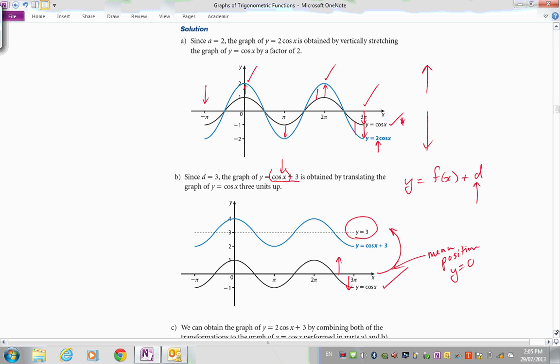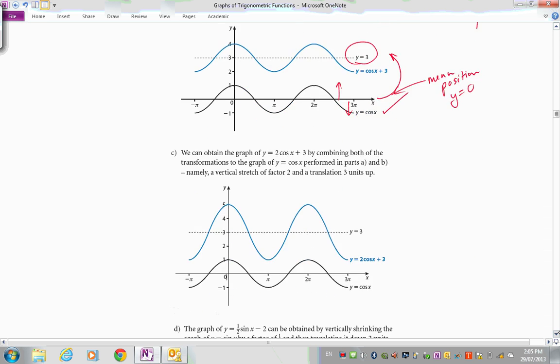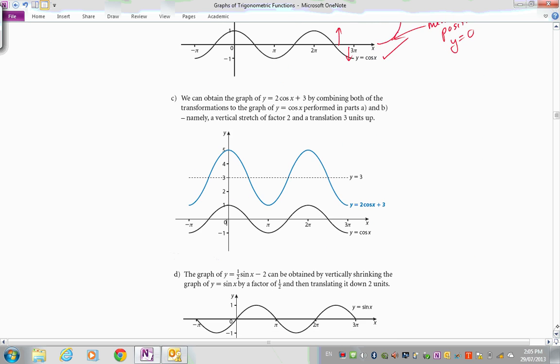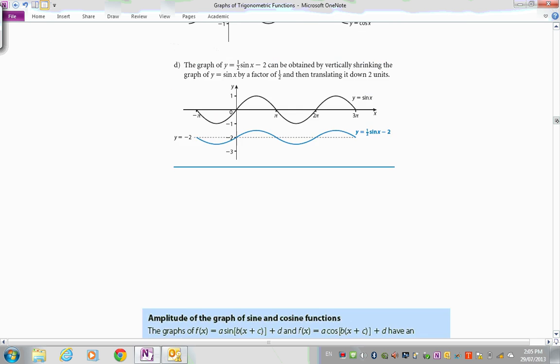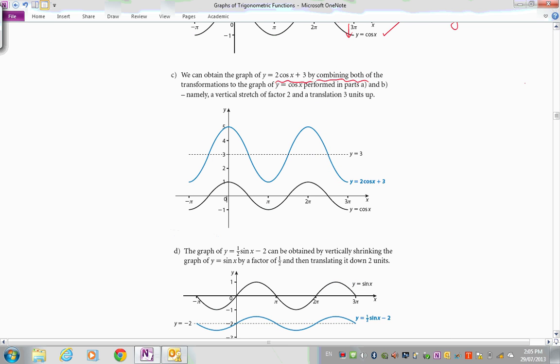Okay, let's go down and have a look at part C. What about the graph of 2 cos x plus 3? That's a combo. It's combining both of them. So what will you do first? Well, let's do a vertical stretch of a factor 2. So there's cos x.